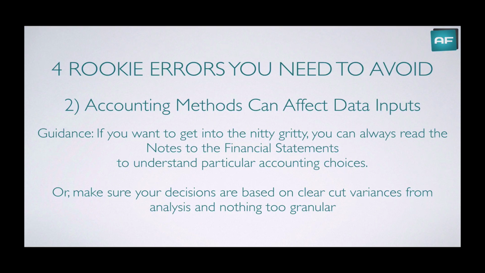Now that's a very basic, straightforward example, and not really that practical in the real world. The key idea is to make sure your decisions are based on clear-cut variances, nothing too granular, and this will remove any slight variations created by the different accounting methods between 2 businesses or the same business across time.